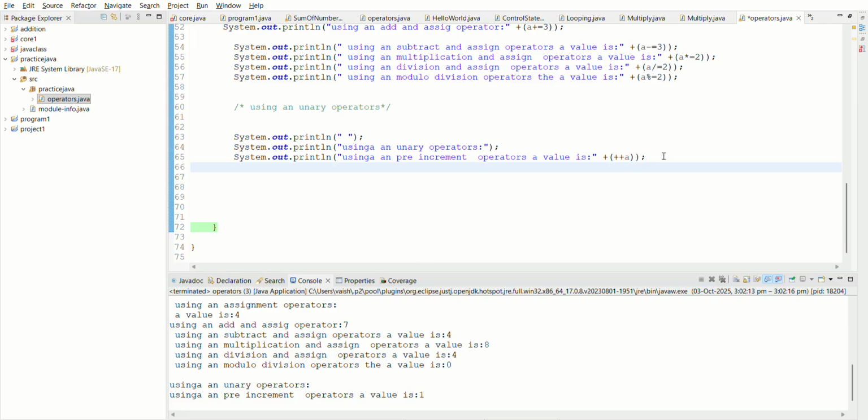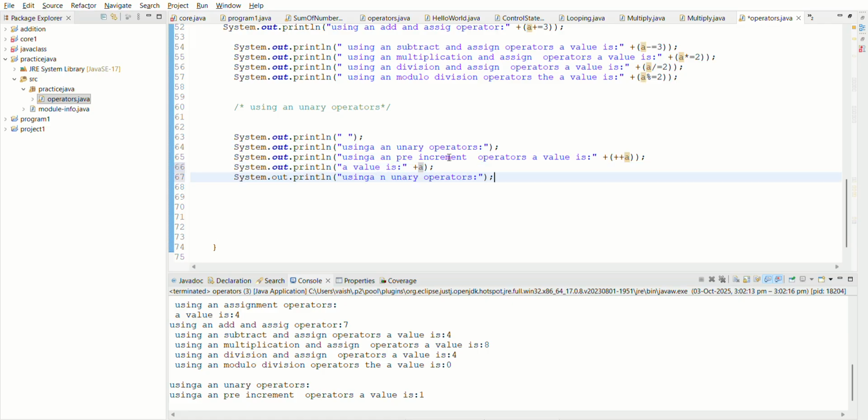The next one is post-increment. So suppose here a value is, right. Then using a post-increment operator, a value is.